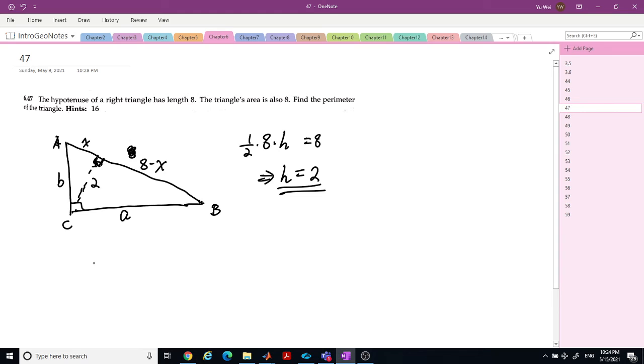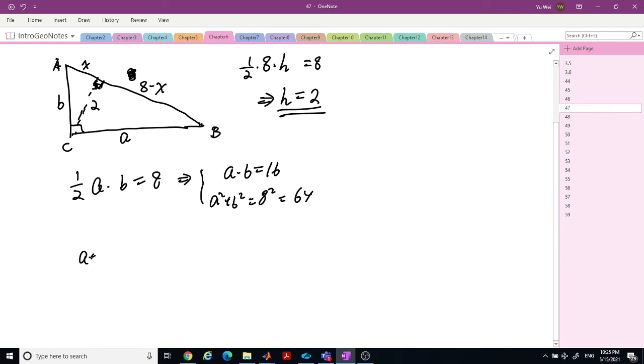So now let's see, we can have the similar triangle. We can see half of a times b, the area of the triangle, is equal to 8. So a times b is equal to 16, right? Then a squared plus b squared is 8 squared, Pythagorean, is 64.